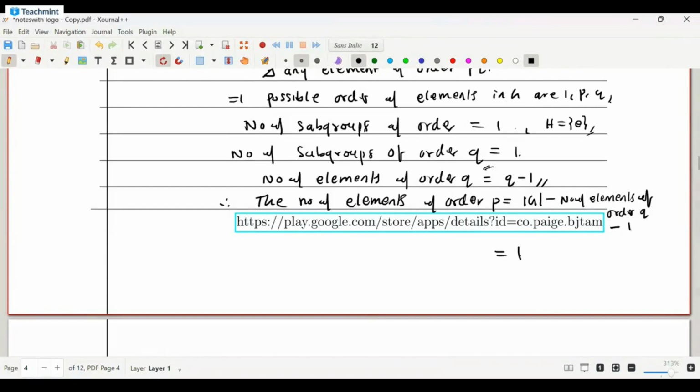So which is equal to PQ minus number of elements of order Q ఎన్నో సార్, Q minus 1, minus 1. So which is equal to, 1 minus 1 cancel, PQ minus Q elements.